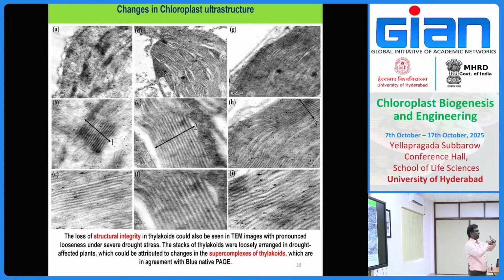The stacking is what they explained yesterday, nicely explained to you. There is a change in electrostatic interaction, and the membranes become loosened because the ion mobility has changed. In drought, more water is going out, so there is a change in the mobility of ions, and you can see a lot of change here, it is increased. Whereas in recovery, this comes back to the native state.